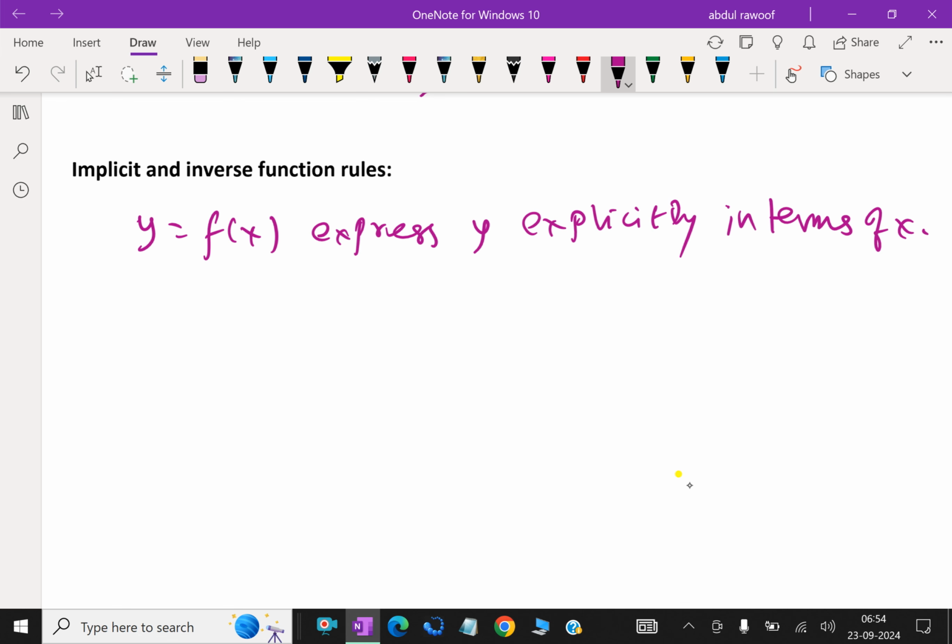But some functions are not expressible explicitly.